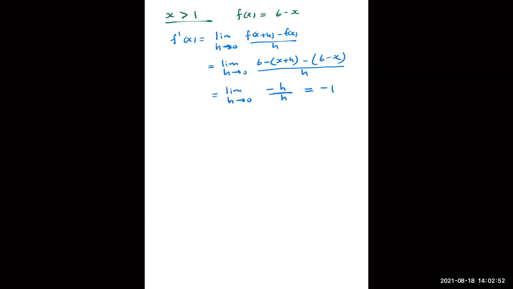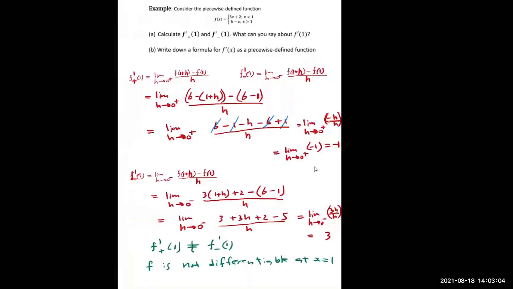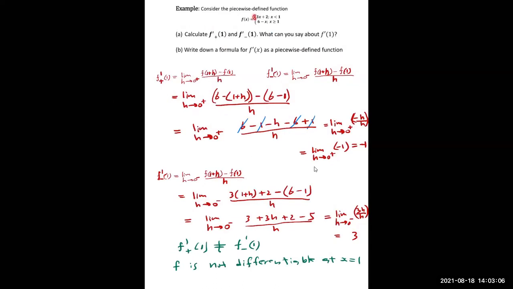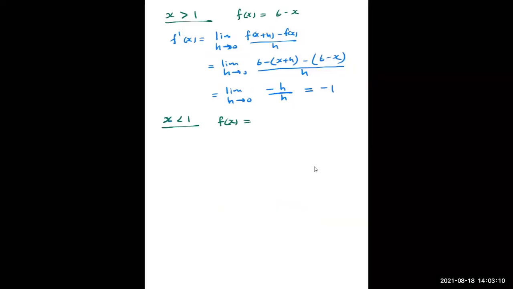And then let's find the derivative when x is less than 1. Okay. Then my function, when x is less than 1, is 3x plus 2. Let me use that function, 3x plus 2.